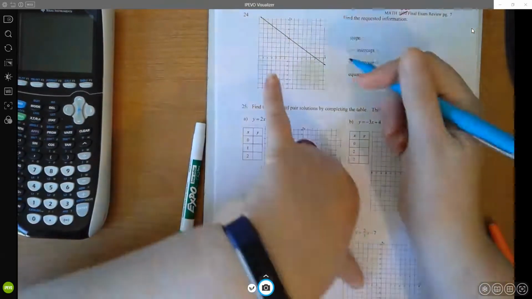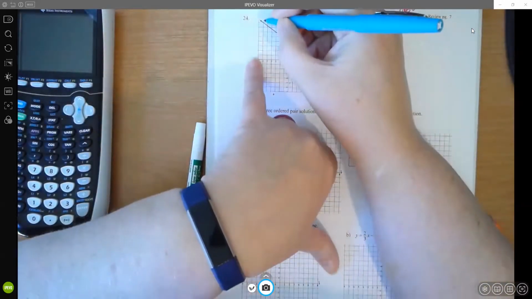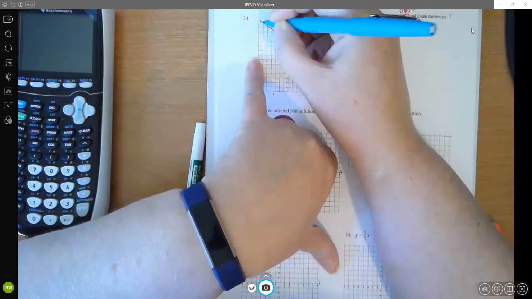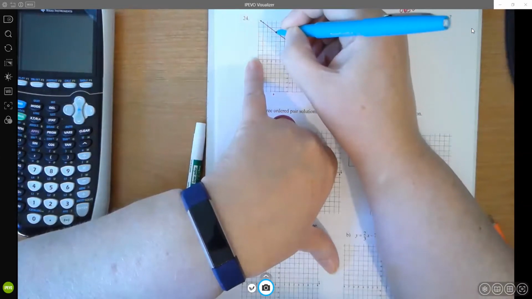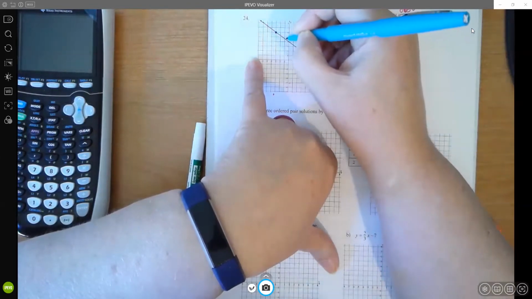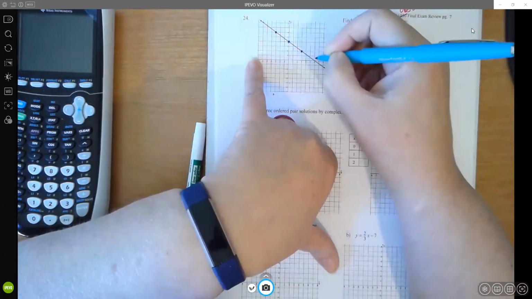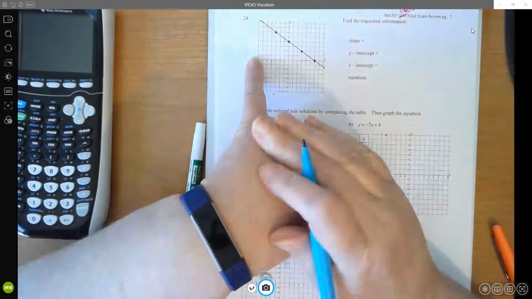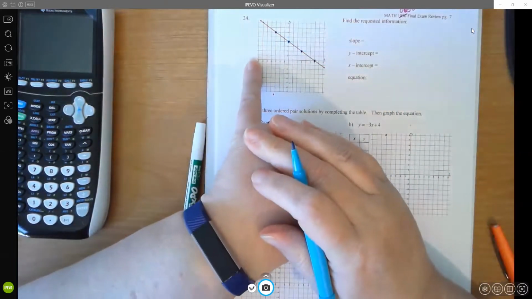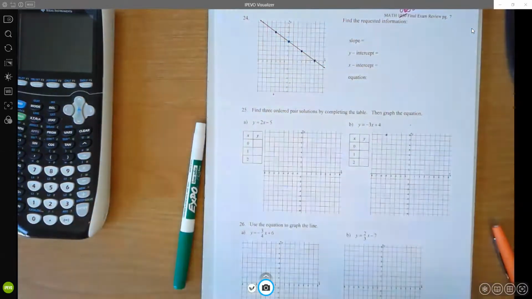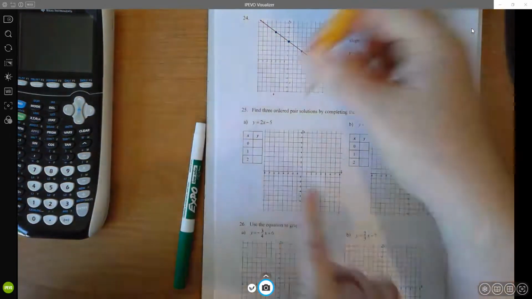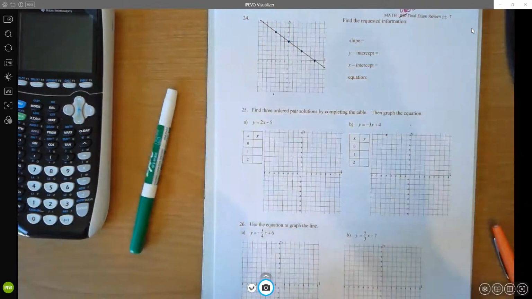Well, we've done that before in a previous problem. We want whole numbers, so I mark the points that look like whole numbers. Then I'm going to switch to a pencil because the pens are a little thick.